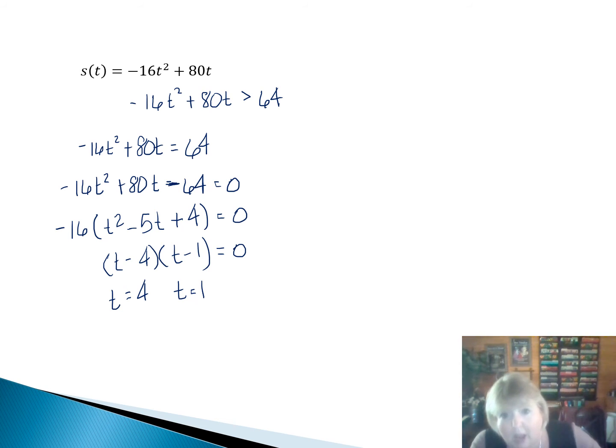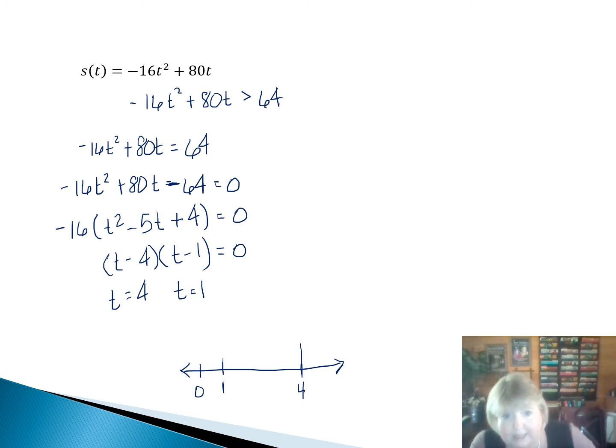So I have a number line, and here's time 0, when we fired whatever it was we fired into the air. Here's the number 1. Here's the number 4.